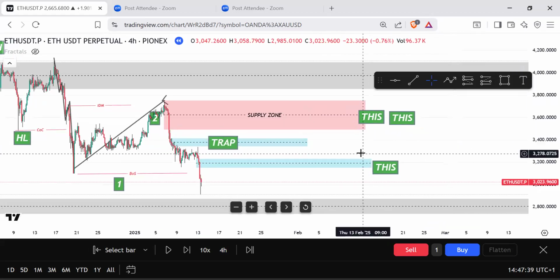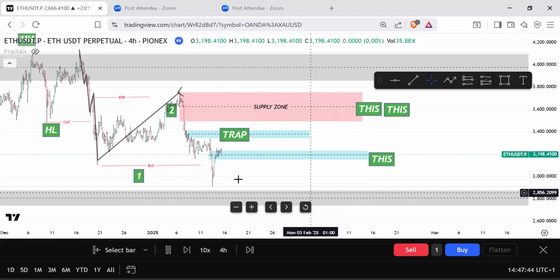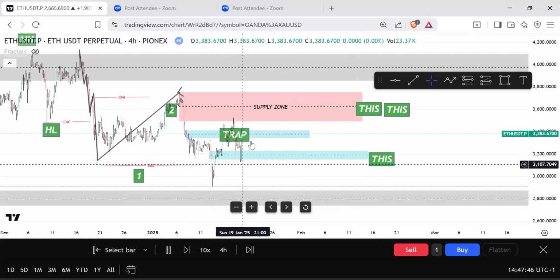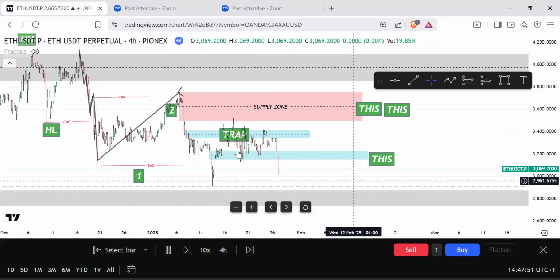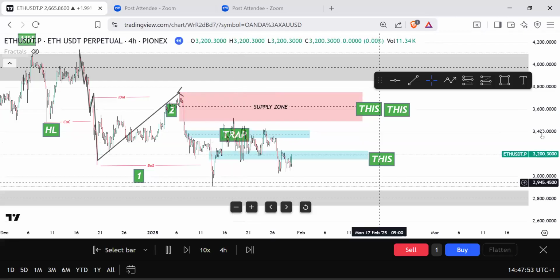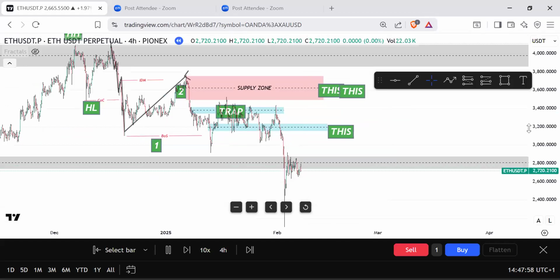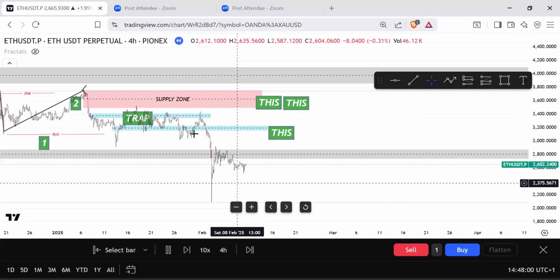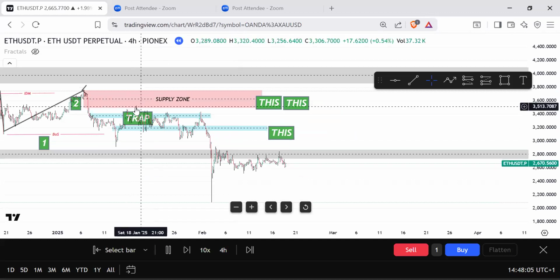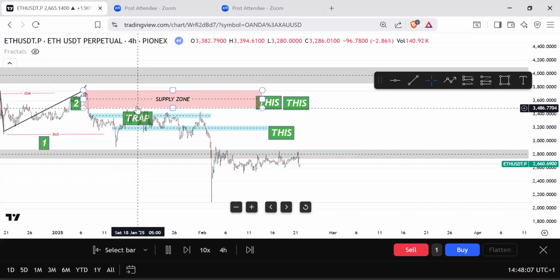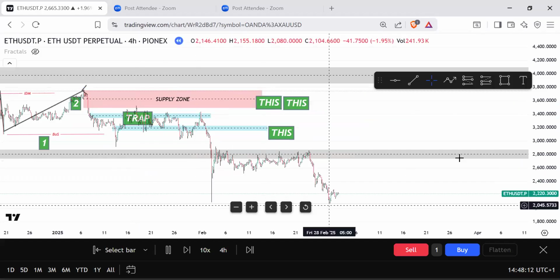All right, so now if you look at this trade, the price came to the extreme. You can see the touch here, or the downtrend continued.